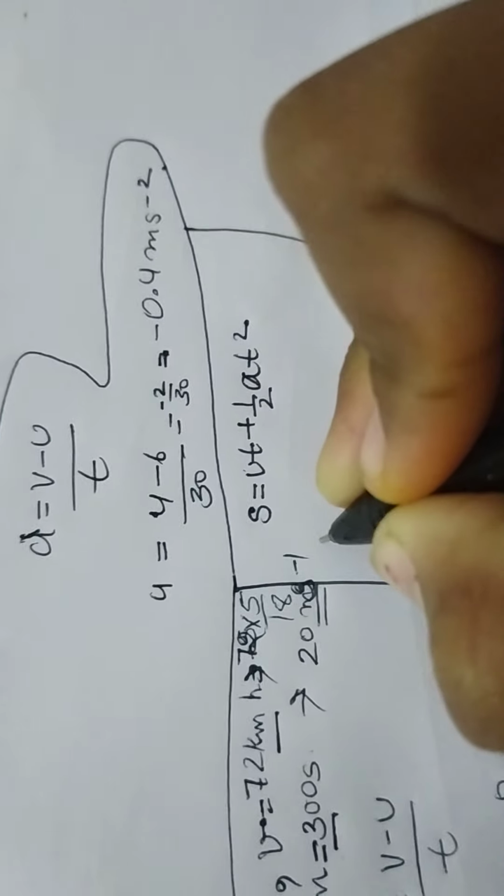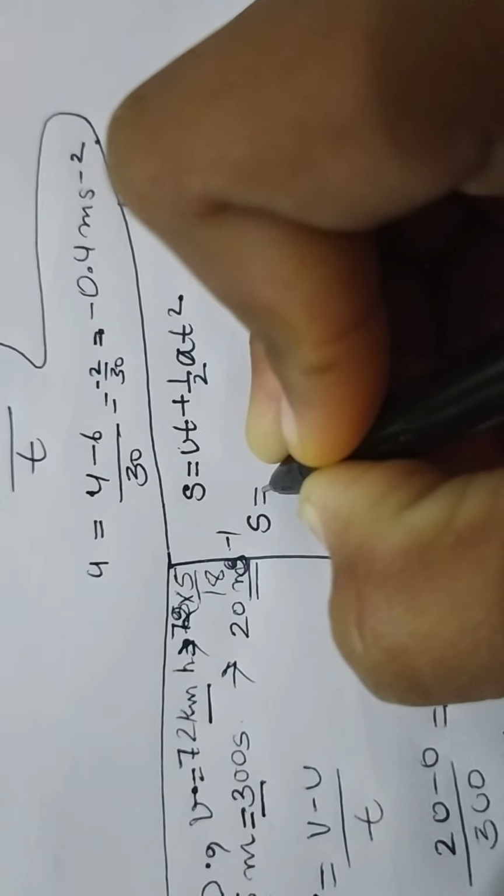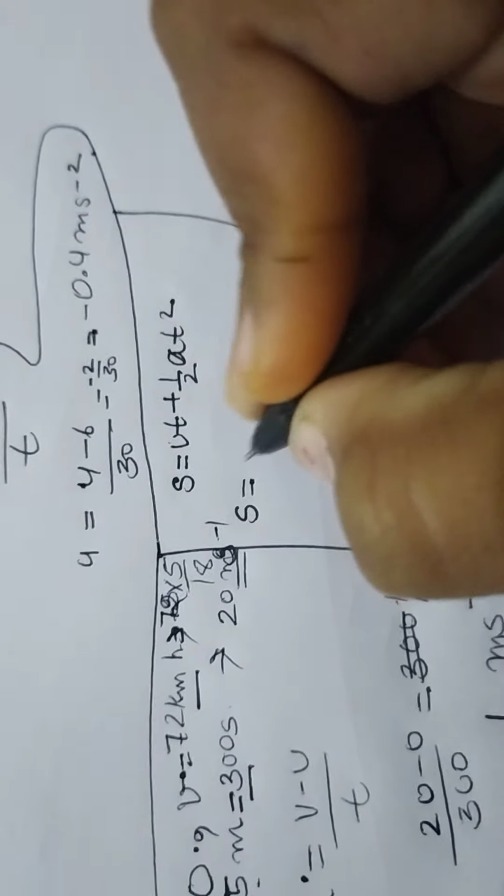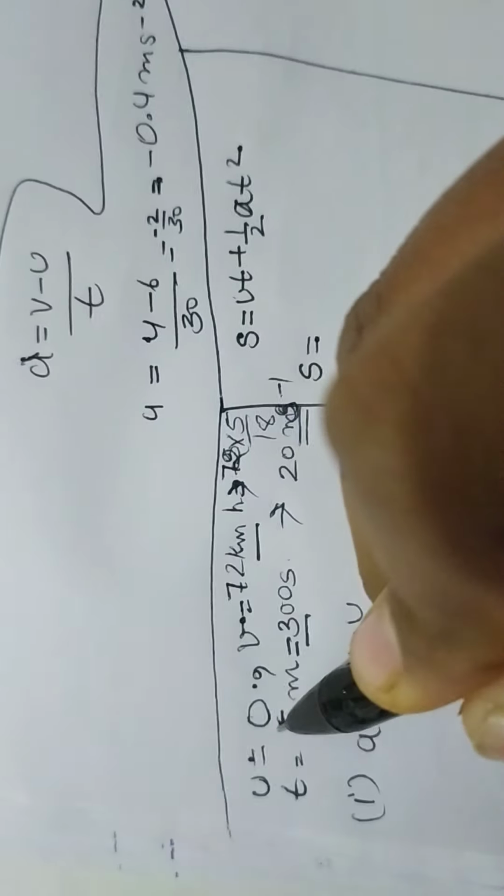Now distance is equal to u times t. What is u? u is 0.